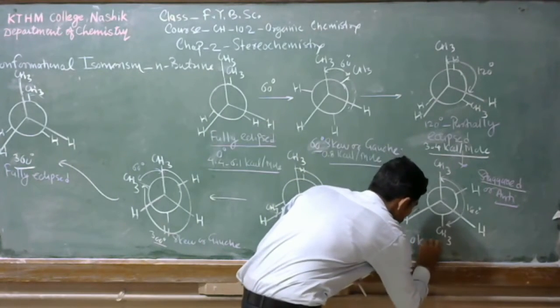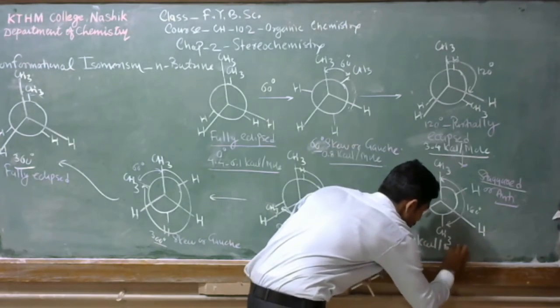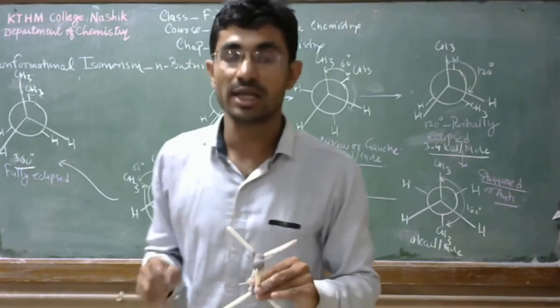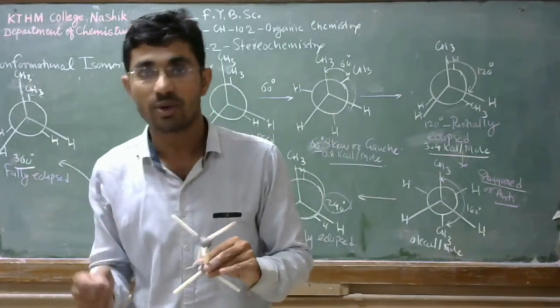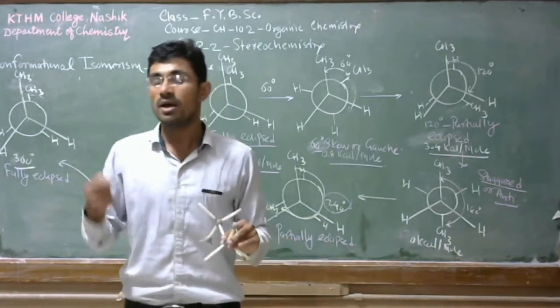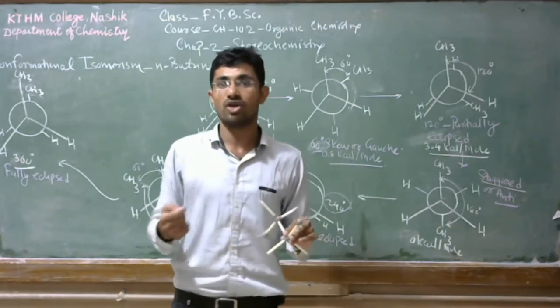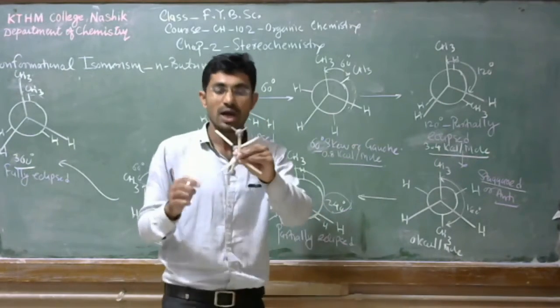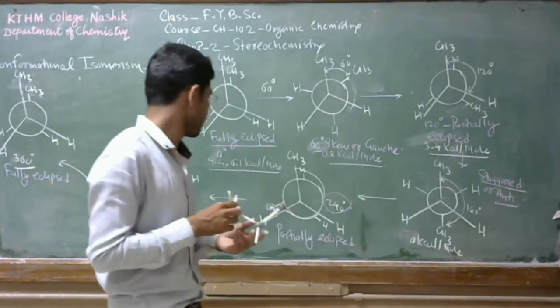How much? 0 kilocalorie per mole. Why? Because this is the most stable, more favorable conformation of n-butane. This is the more preferred conformation of the n-butane molecule, at 0 kilocalorie per mole. That is the staggered or anti conformation.